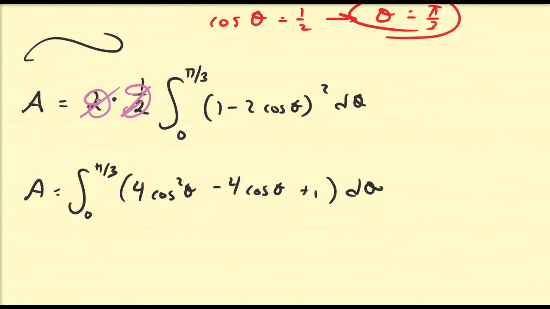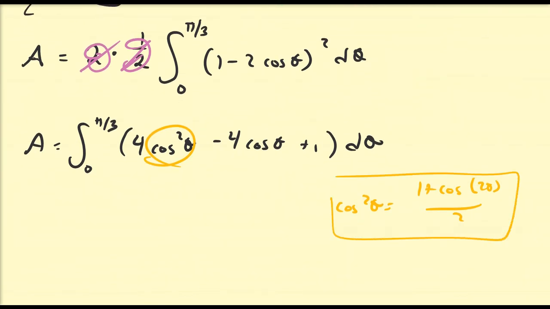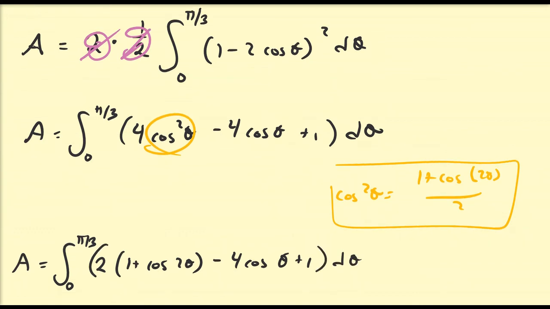Alright, so how do we deal with this term? Remember, cosine squared theta is the same as (1 plus cosine 2 theta) over 2. It's just a rearrangement of our double angle relationship. So we can rewrite this as the integral from 0 to pi over 3 of 2 times (1 plus cosine of 2 theta) minus 4 cosine theta plus 1 d theta.